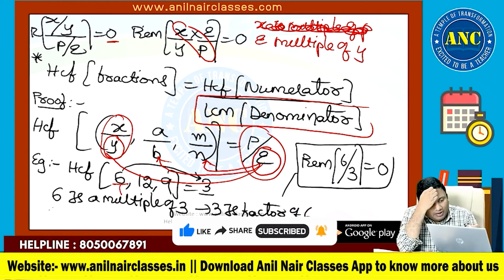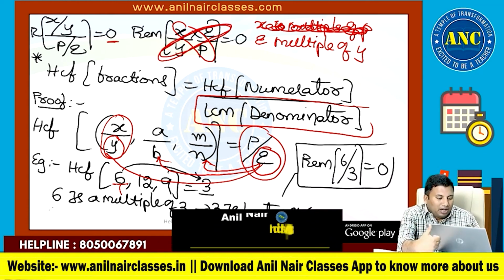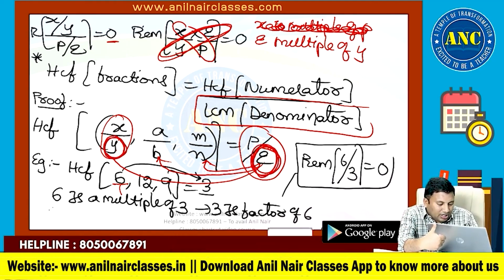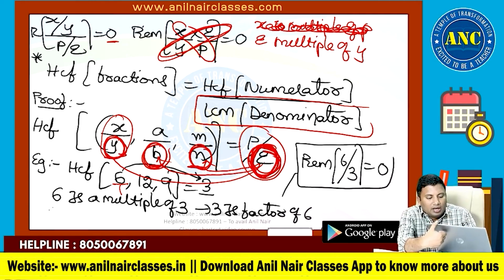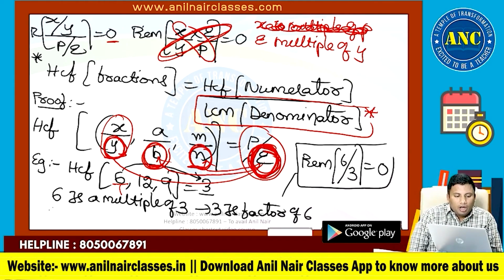That means x by y into q by p is 0, so q should be a multiple of y. Next, q is a multiple of b and of n. So q is a multiple of y, b and n, which means I should take a common multiple, so I wrote LCM. Are you all with me?